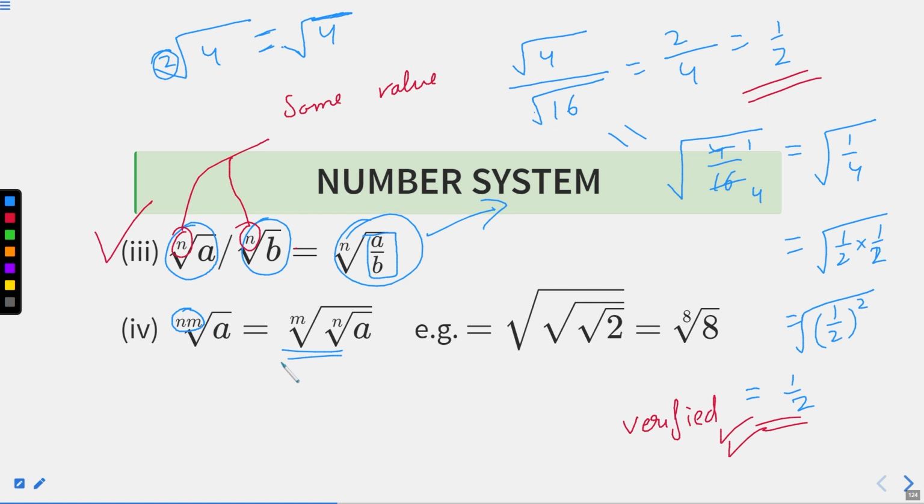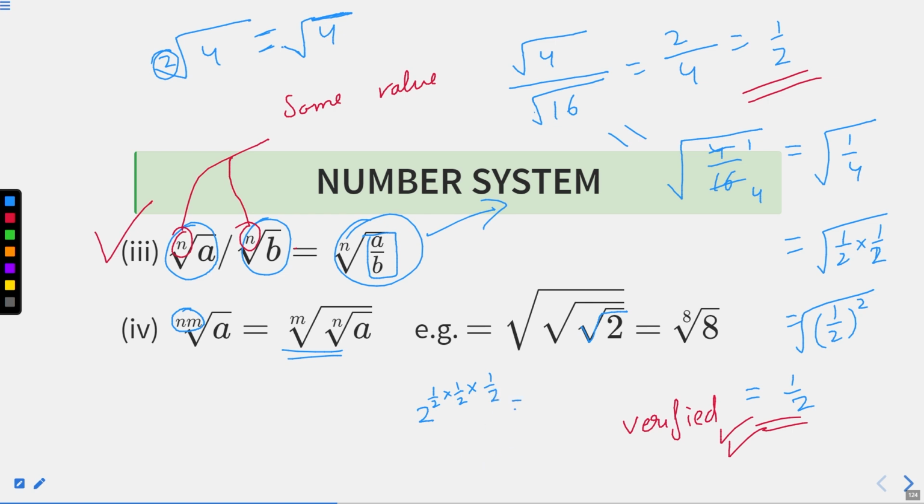Okay, let's see from an example. First, root 2, I can rewrite root 2 as 2 raised to the power 1 by 2. Yes, I can. Now again, this root can be further rewritten as 1 by 2 and multiplied with it. Again, this root I can erase and write in the power form.